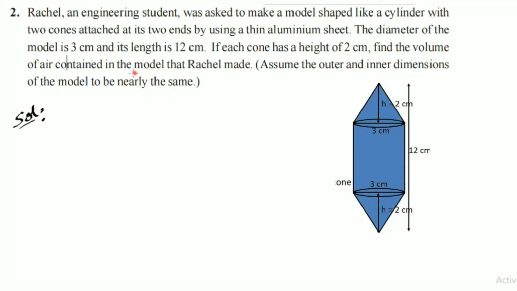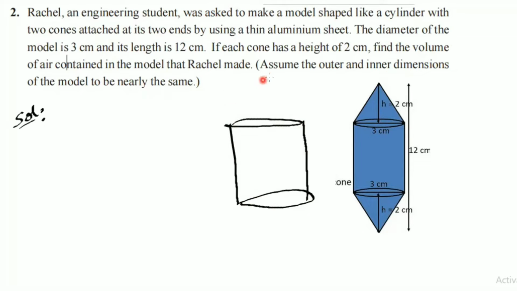Let us understand the question. So Rachel, an engineering student, was asked to make a model shaped like a cylinder, with two cones attached to its two ends, one cone at one end, another cone at the other end, made up of thin aluminum sheet.